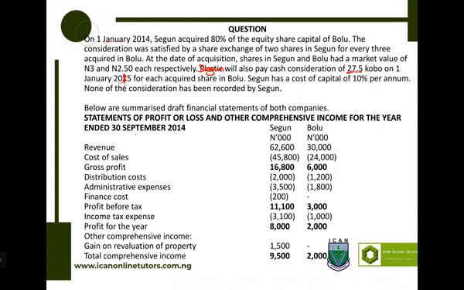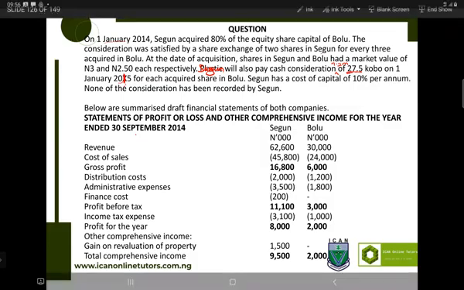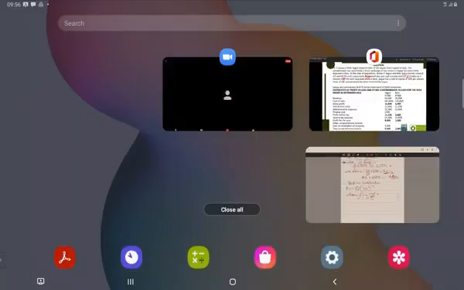Actually, I was having a deferred consideration of 7.2 million. We also pay a cash consideration of 7.2 million at 27.5 kobo on 1st of January 2015. Yes, that is it.